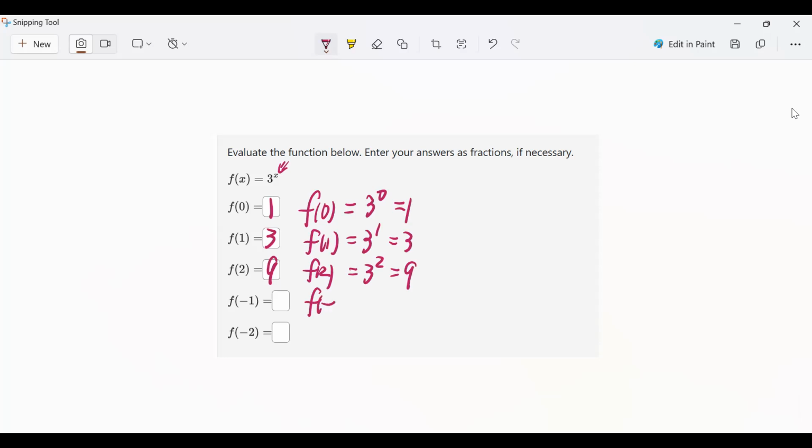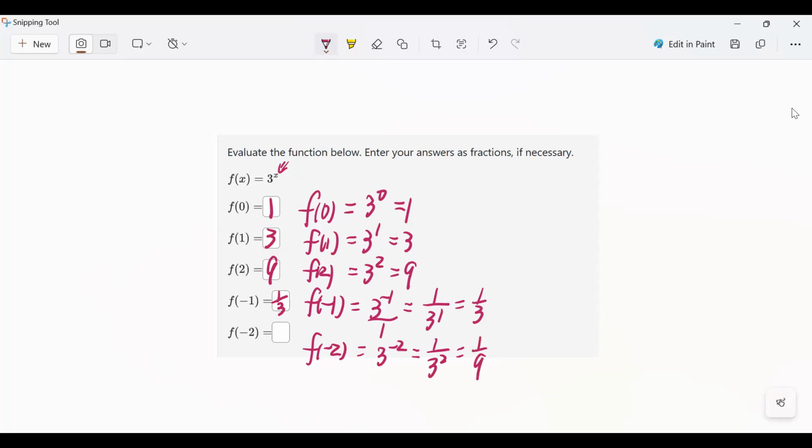And f of -1, 3 to the negative first, so that's going to be 1 over 3 to the first, 1/3. f of -2, 3 to the negative second power, so it's 1 over 3 squared, 1/9.